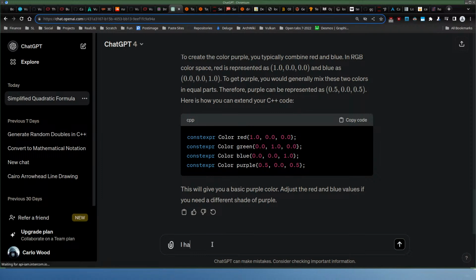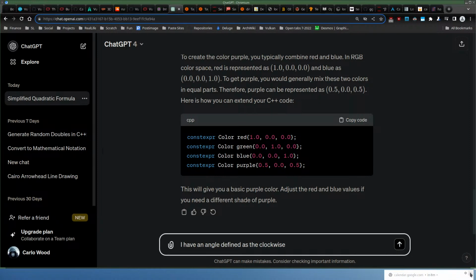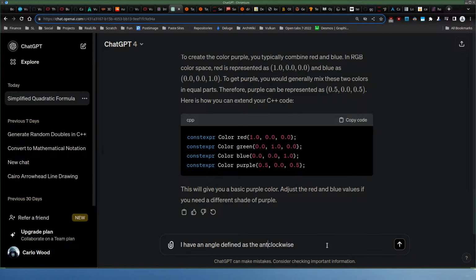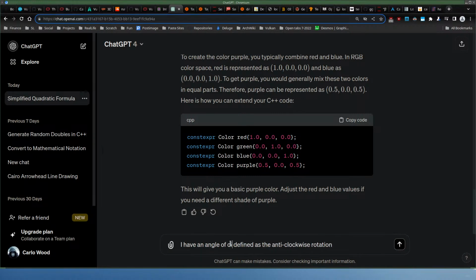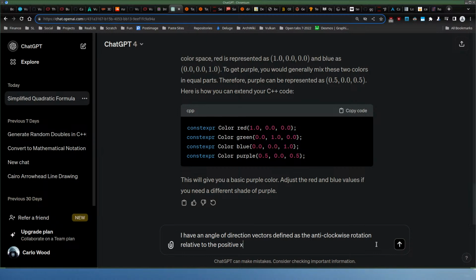Okay, so I have an angle defined as the anti-clockwise rotation of direction vectors, defined as the anti-clockwise rotation relative to the positive x-axis.